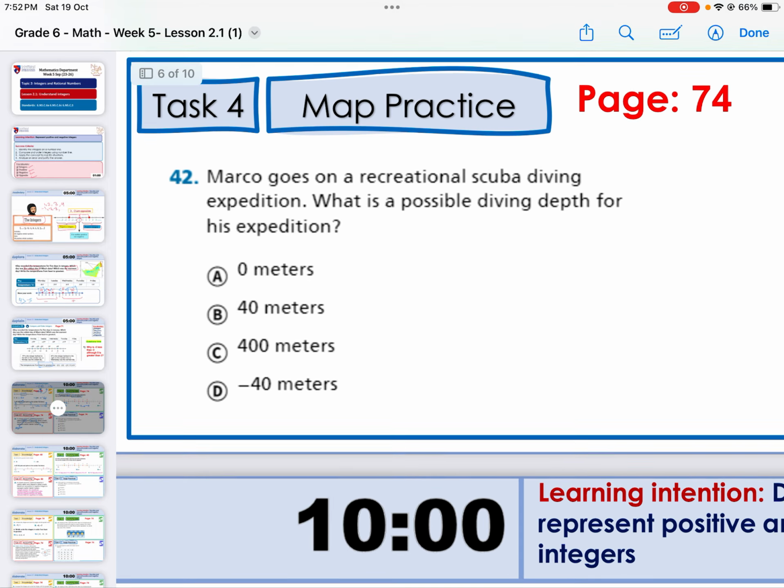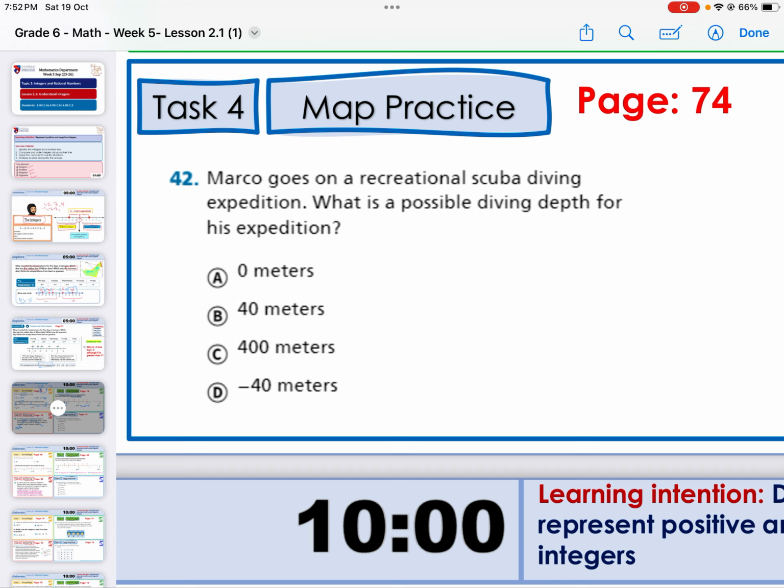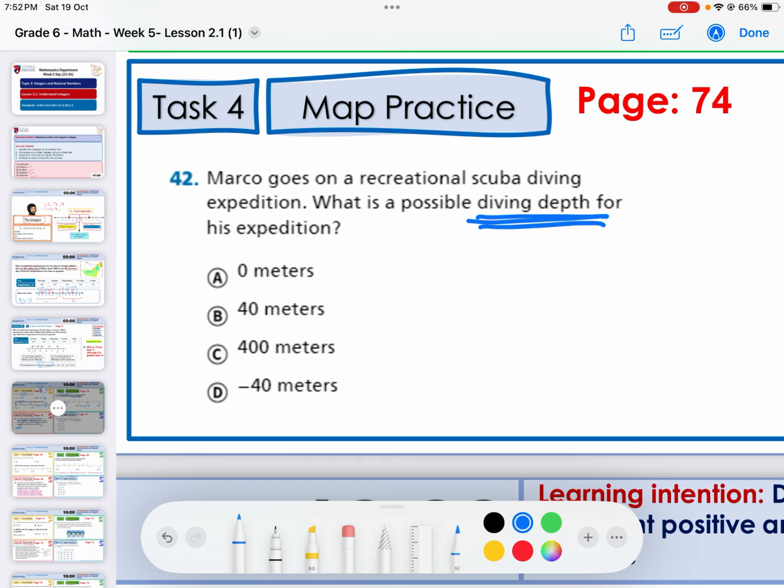Okay, so here is another real-life application. We have depth, a diving depth. So Marco goes scuba diving. What is the possible diving depth for his expedition? Okay, guys, so diving depth. The more you go down, when you go below sea level, when you dive into the ocean, the numbers are always what?